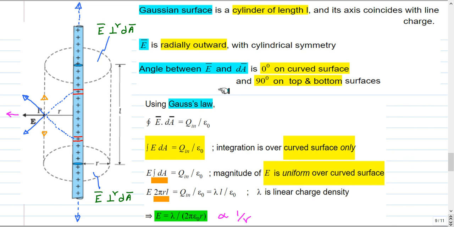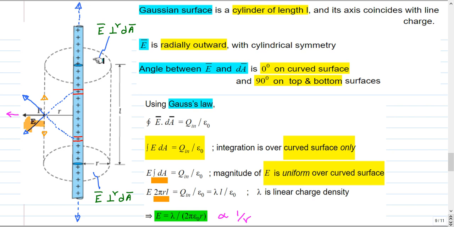So the angle between E and dA is 0 degrees on the curved surface and 90 degrees on the top and bottom surfaces. This cylindrical surface has two parts: one is the curved surface, and the other is the top and bottom surfaces. On the curved surface, the direction of the electric field and the direction of the area vector, the elemental area, which is the outward normal, are in the same direction. So E dot dA is E into dA.